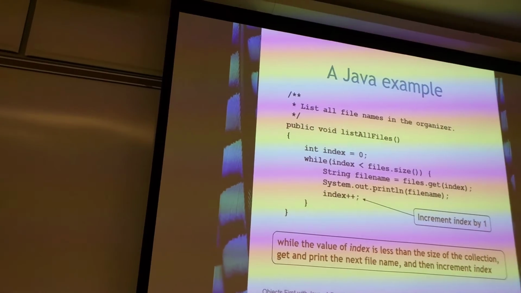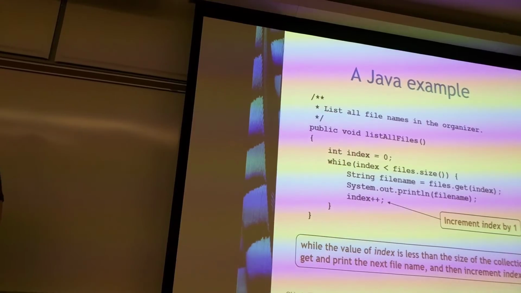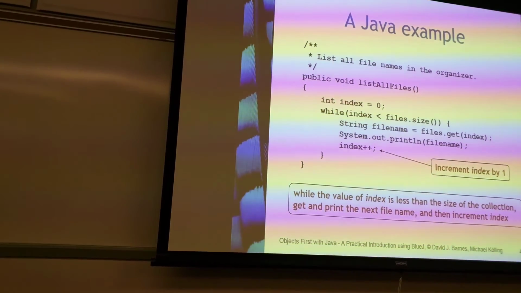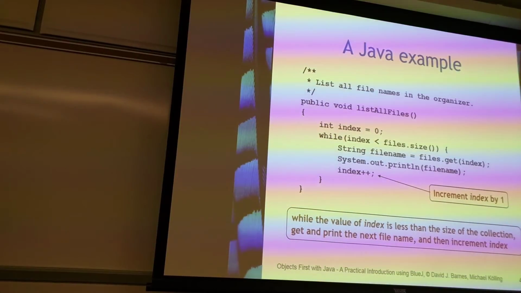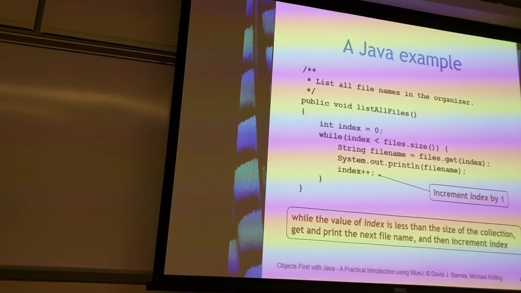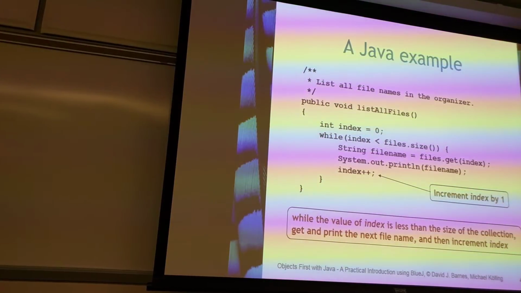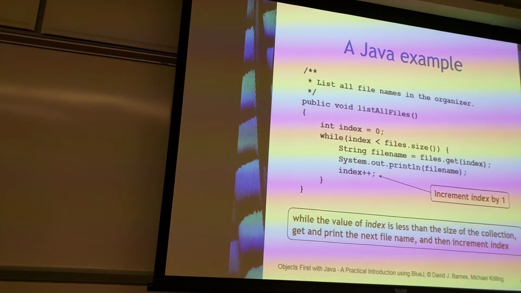So while the index, which is 0, is less than the size of files, that array list, we get the value at that index, we print it out, and then we increment the index.